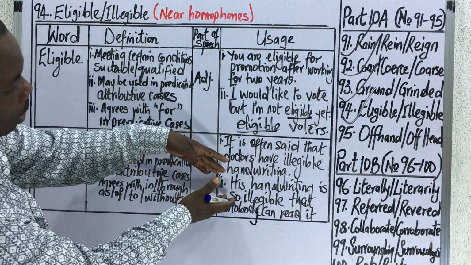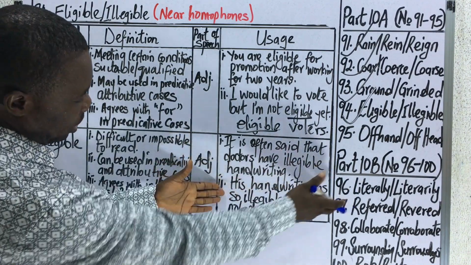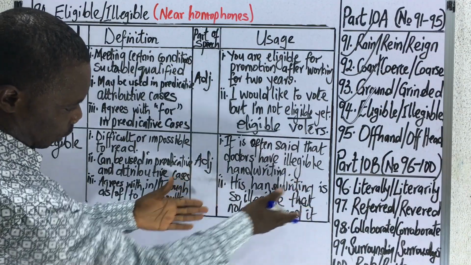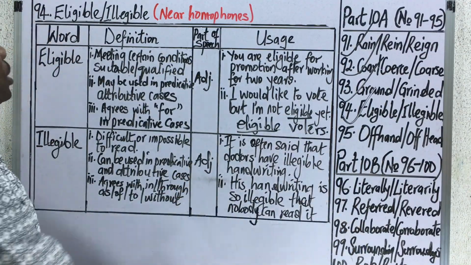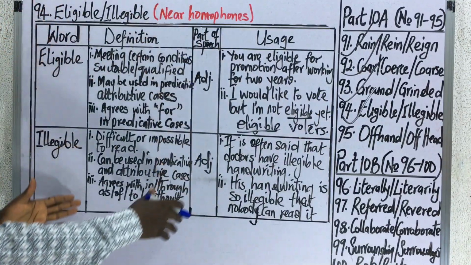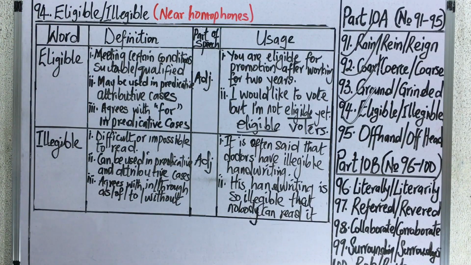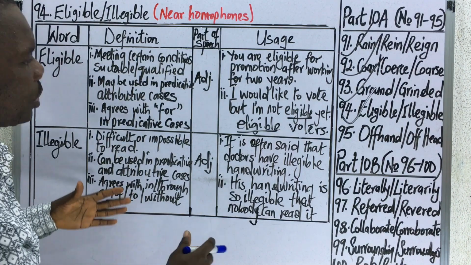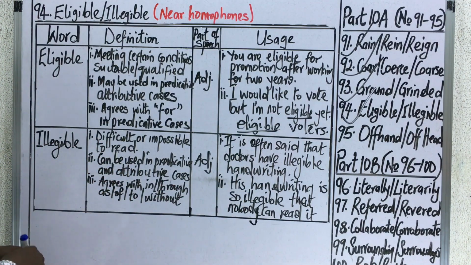Then for the second one, we have his handwriting is so illegible that nobody can read it. So these are some of the expressions and how these words can be defined in English. We now move forward to talk about their appearance in past questions.